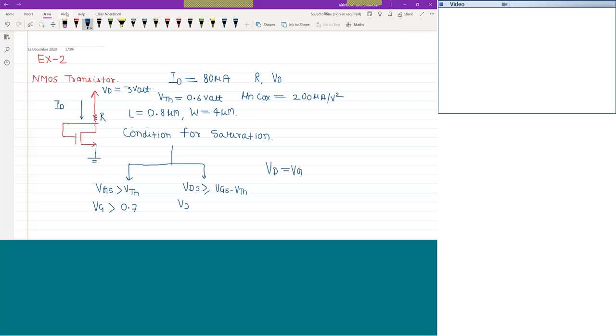So I can write VG minus VS, which is 0, should be greater than or equal to VG, which is also VD, minus VTH. Now this says 0 should be greater than or equal to minus 0.7, and this is always true.